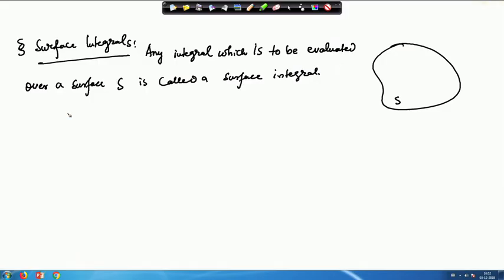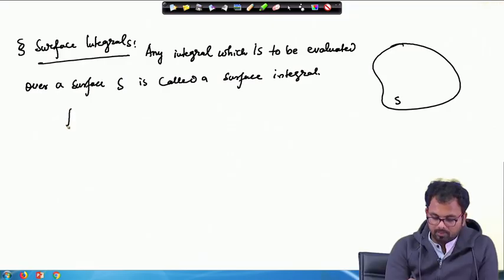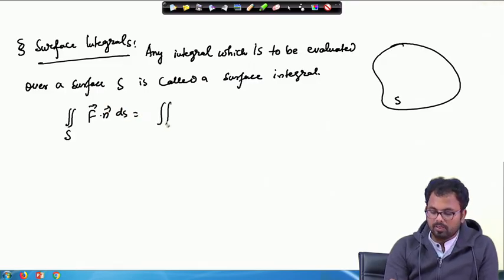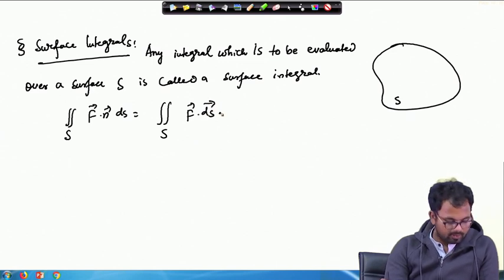When we are doing the surface integral, we usually denote it as the surface integral over S of f dot n ds, which can also be written as the surface integral over S of f dot ds.